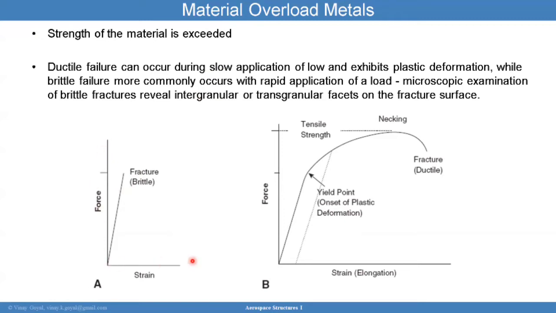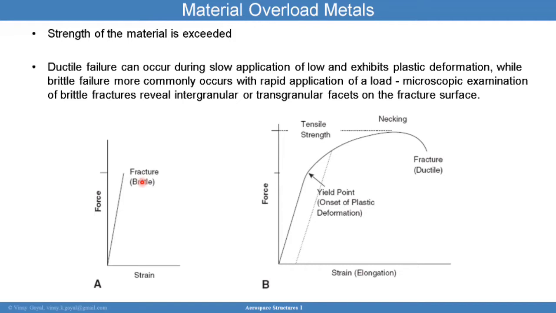And the bottom line is that when you apply a load and you have almost no nonlinearity, and failure happens, typically that failure is a brittle failure. It occurs usually when you have fast loading conditions. And brittle failures are going to exhibit intergranular or transgranular facets on the fracture surface.